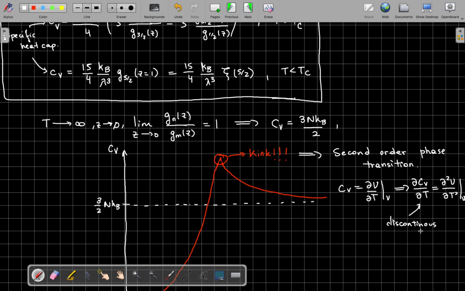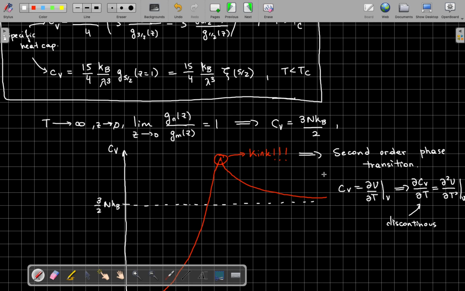It's going to be discontinuous at the critical temperature, and hence the second derivative of the internal energy, which is a thermodynamic potential, is going to be discontinuous. And whenever the second derivative of a thermodynamic potential is discontinuous, we say that we have a second order phase transition. So there we go. We have our very first example of a phase transition, a quantum phase transition.